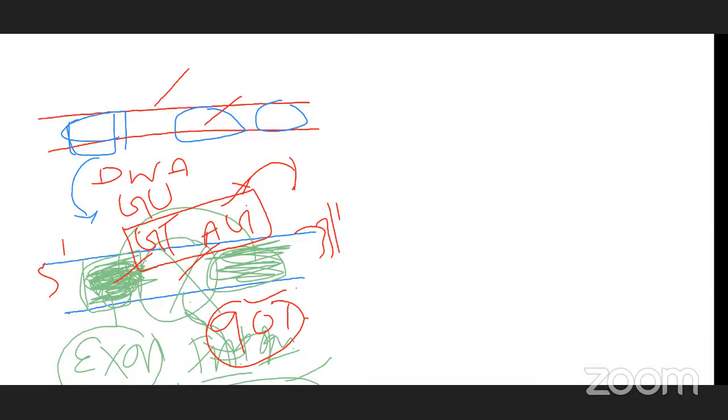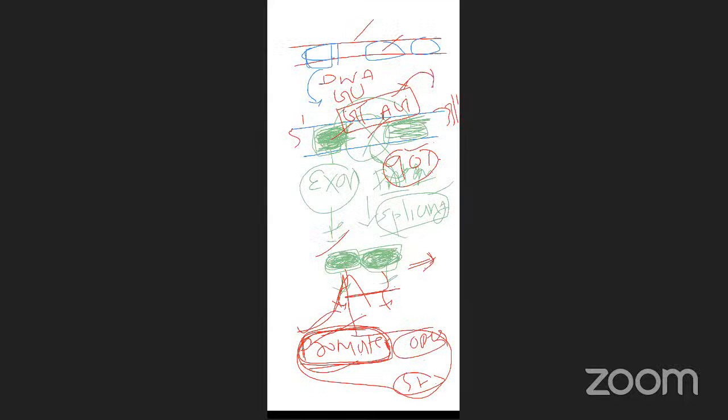It is released after some transcription process. What is transcription? One of the strands of DNA works as a template and produces a similar copy of it, which has uracil instead of thymine.